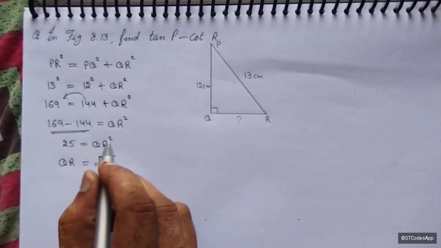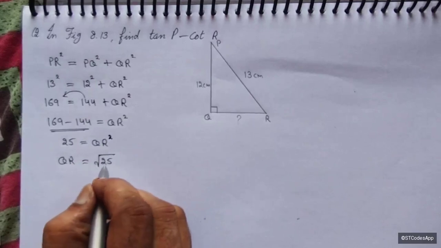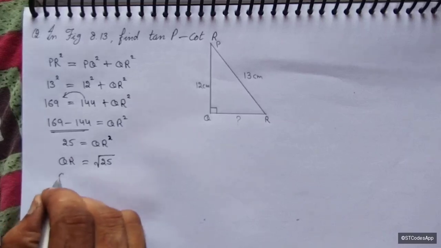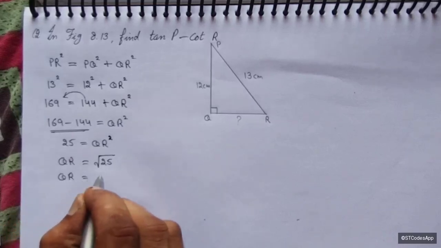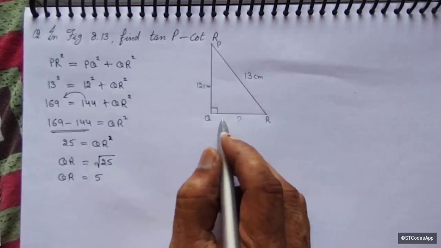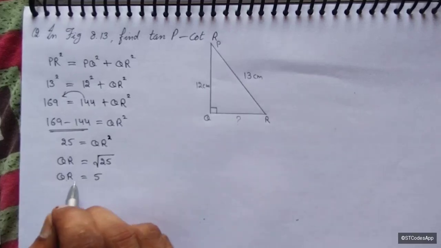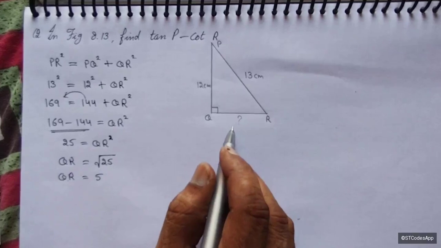When we solve the under root of 25, we will get 5. So QR this side is equal to 5 centimeter.